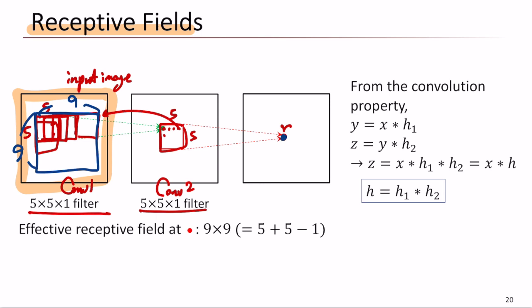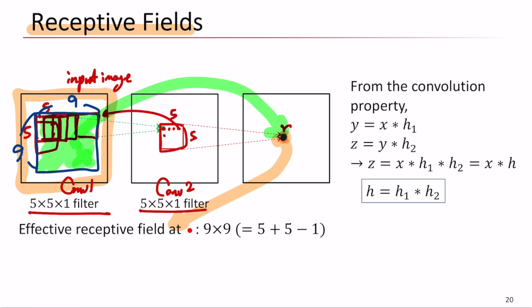Anyway, in this case, to extract this one value, a 9 by 9 input has an effect on this one output.